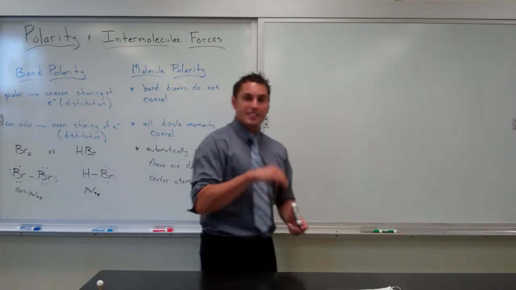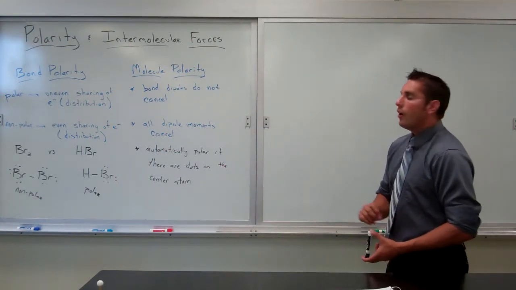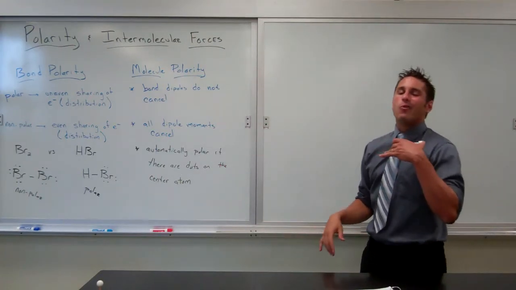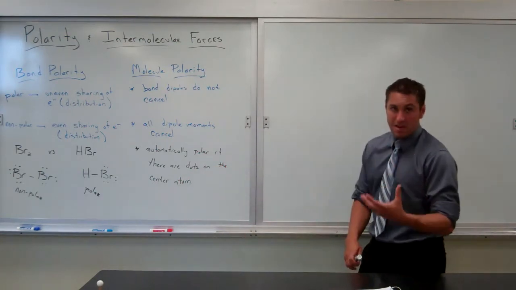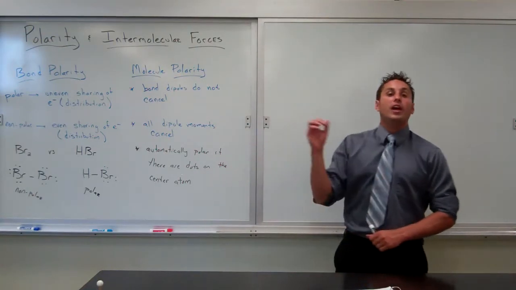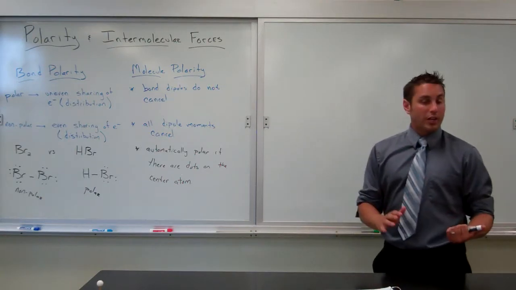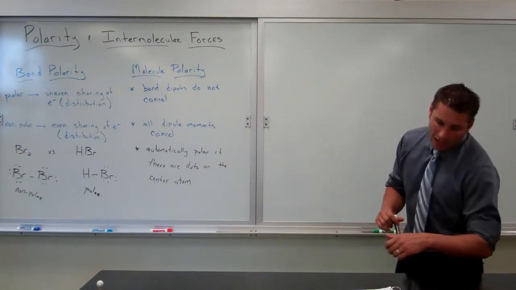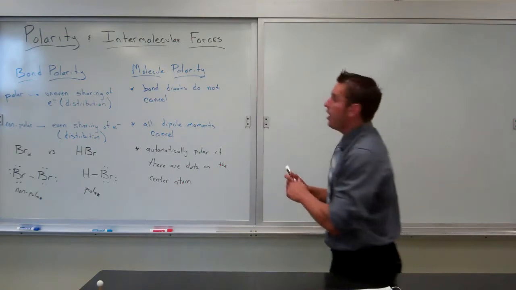What I mean by that is, if there is an unshared pair of electrons on the center atom, that will lead to an uneven distribution of charge. It will automatically be polar. So this is one of our first checks immediately after we draw a Lewis structure of something, because if it has dots on the center, it's going to be polar. And if it doesn't have dots on the center, we have to look at other things to decide, is it polar or nonpolar.